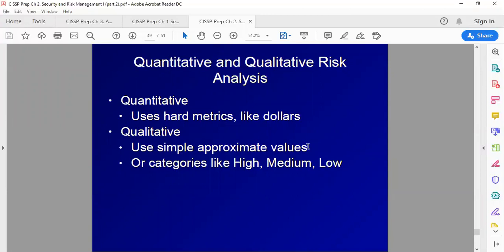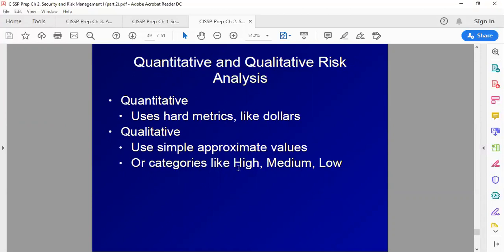So this is basically about probability. It uses approximate values, and we can make assumptions, like the product value will be about this much. We find approximate things, not the exact value. That is what qualitative risk is all about.